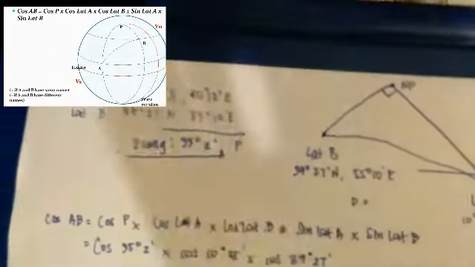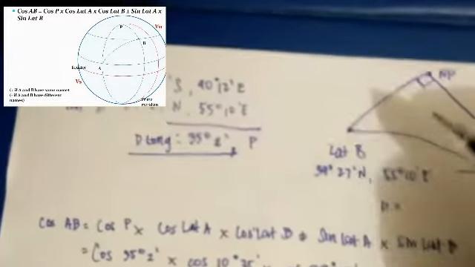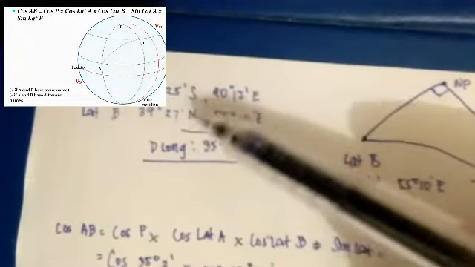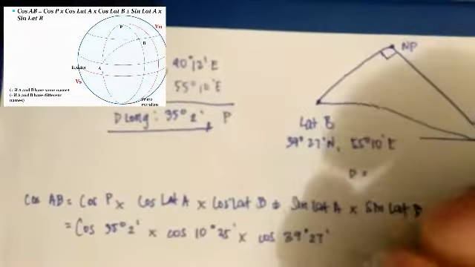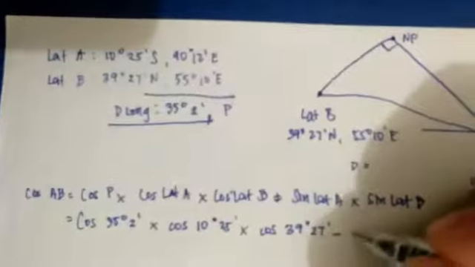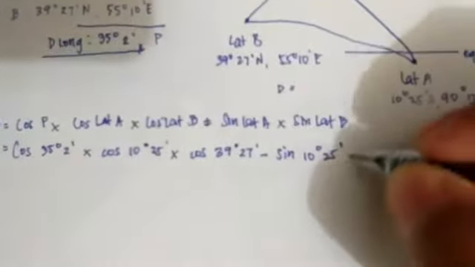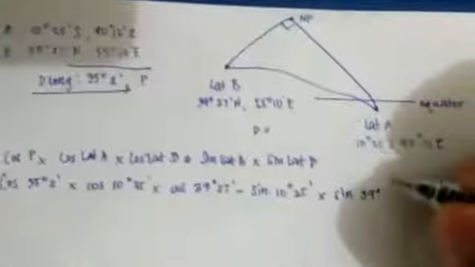To determine if it is add or subtract, we need to look at the names of latitude A and B. If it has the same name, we add, and since we have different names, we minus sine latitude A, which is 10 degrees and 25 minutes, multiplied by sine latitude B, which is 39 degrees and 27 minutes.